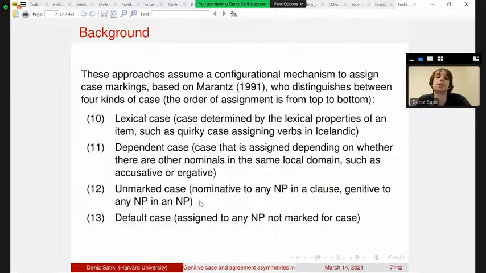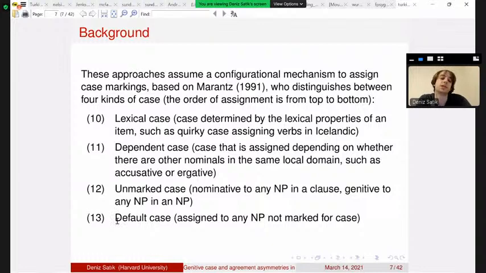So nominative, for example: any NP that isn't assigned lexical case or dependent case in a clause is going to be assigned nominative case. And similarly, any NP in an NP that isn't already assigned lexical or dependent case is going to be assigned an unmarked case. So it's going to be assigned genitive, as any NP in an NP.